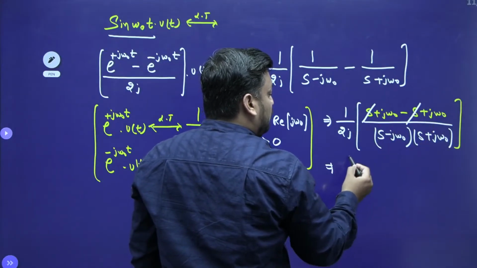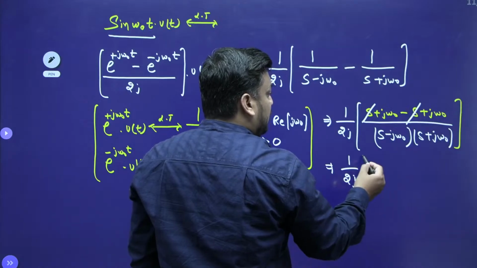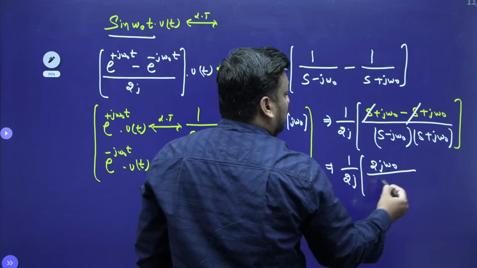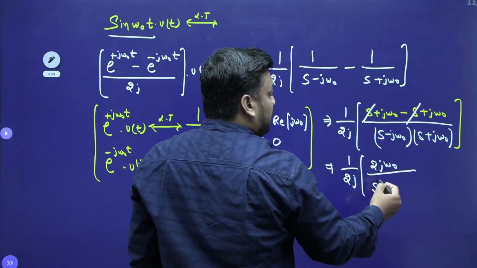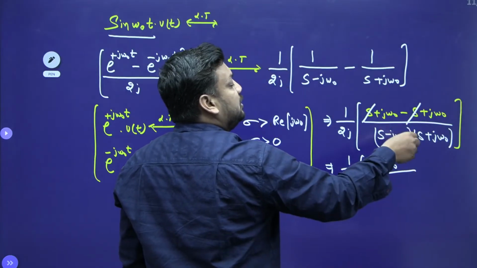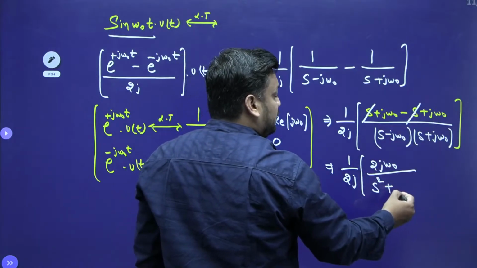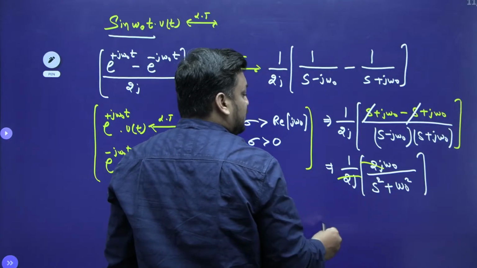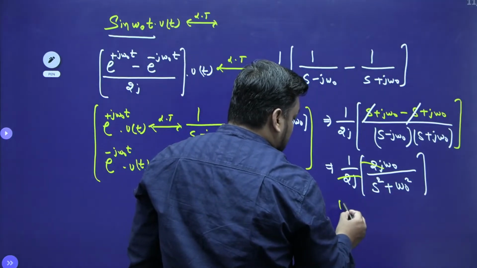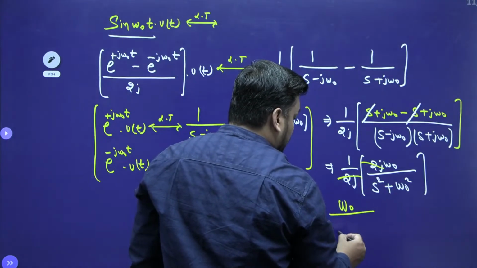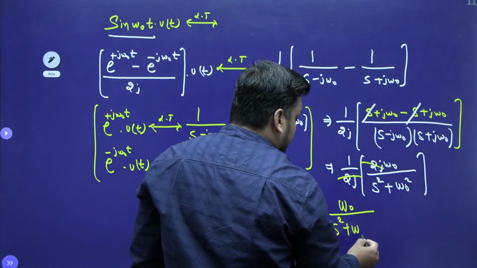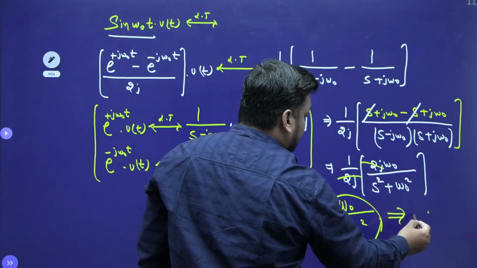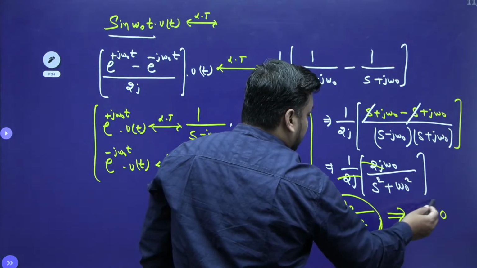Ultimately you get 1 upon 2j outside and twice j omega 0 upon s square minus j square omega 0 square, which is s square plus omega 0 square, and the 2j cancel out. So the Laplace transform of this is nothing but omega 0 upon s square plus omega 0 square, and the most important part is the ROC, sigma greater than 0.